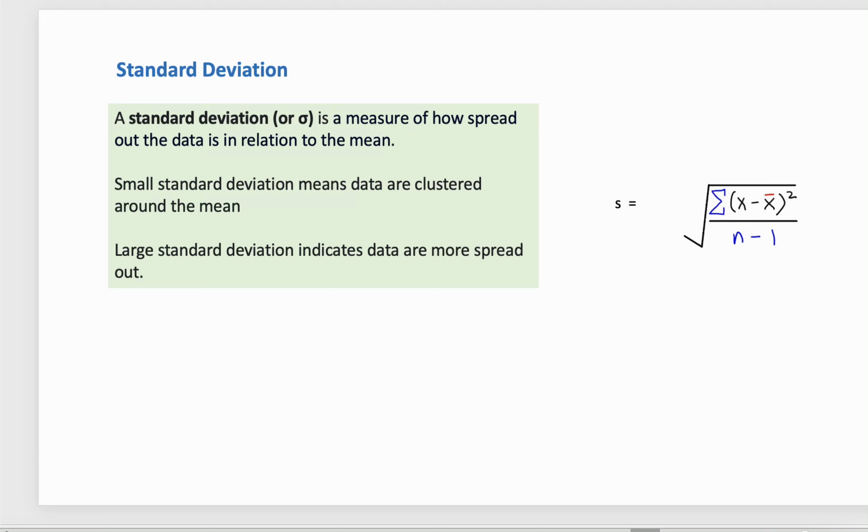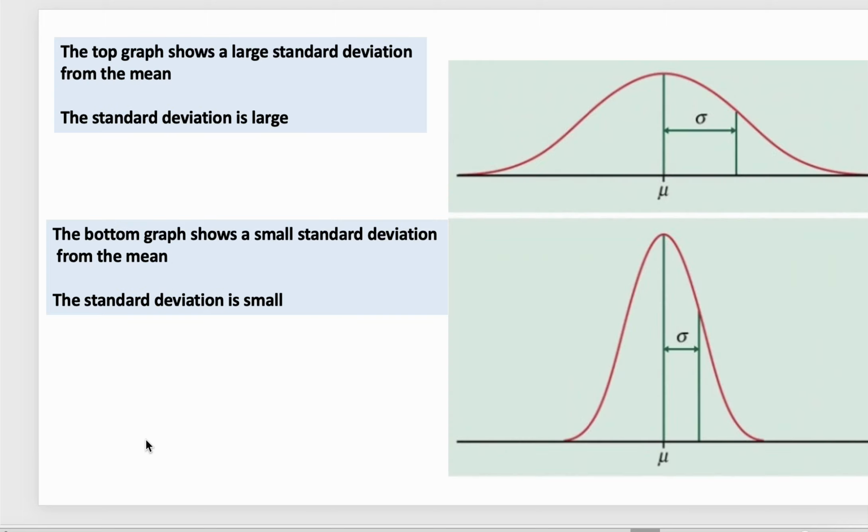But we want a picture. We want a picture that shows us what a small and a large standard deviation means. Sigma is the symbol for the population standard deviation. Mu is the symbol for the population mean.